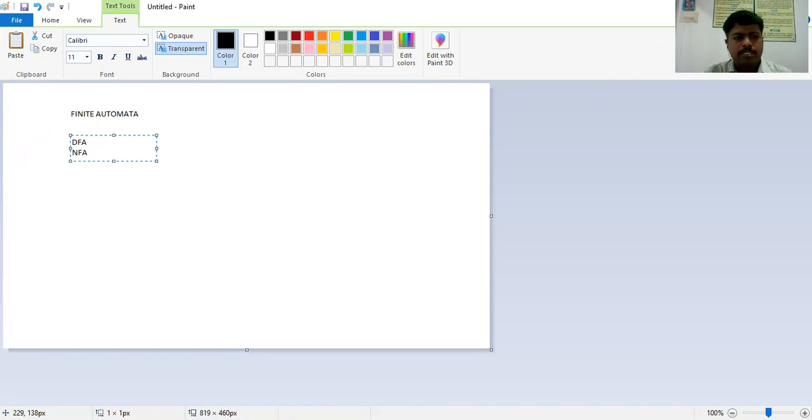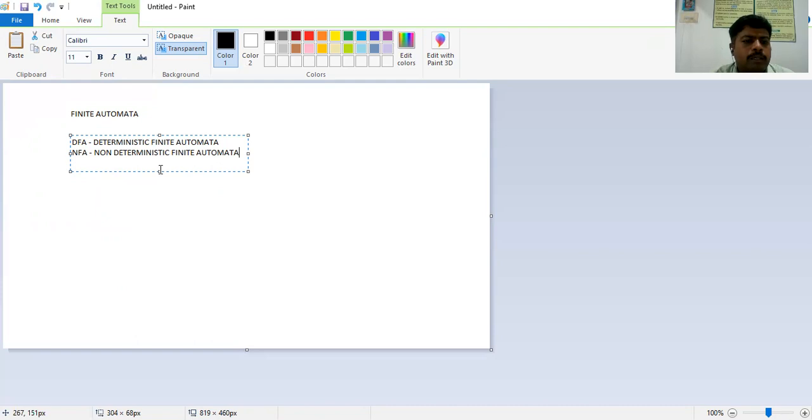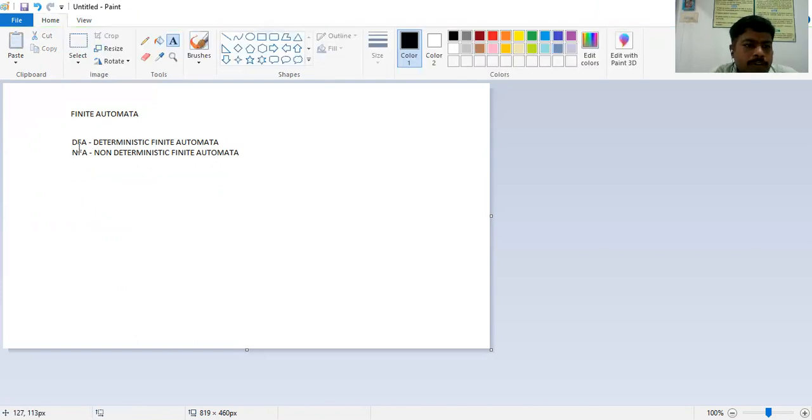DFA is nothing but deterministic finite automata, and NFA is non-deterministic finite automata. So what is the difference between DFA and NFA?